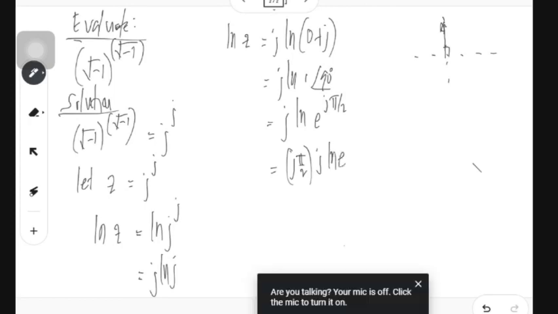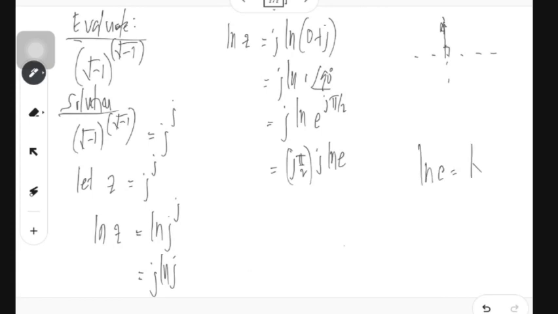But take note that natural logarithm of e is equal to 1. Natural logarithm of e can be rewritten as logarithm of e to the base e, and the exponent of e to give e should be 1. Using calculator, that is 1.